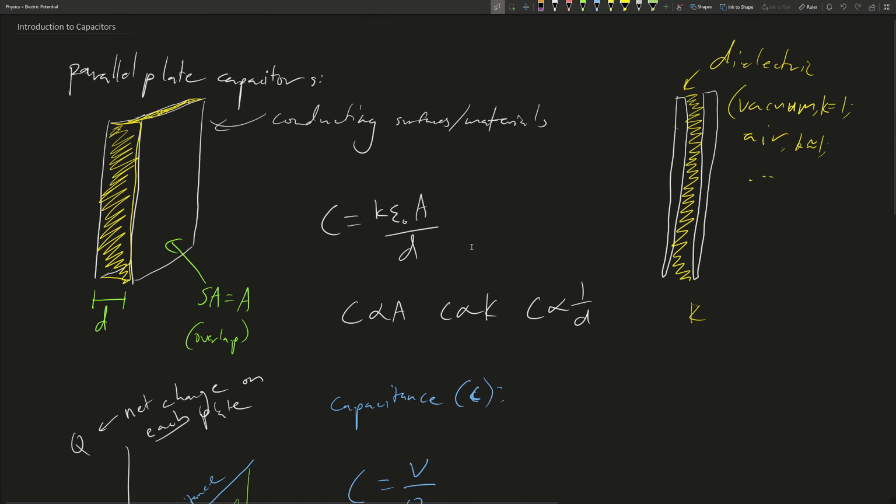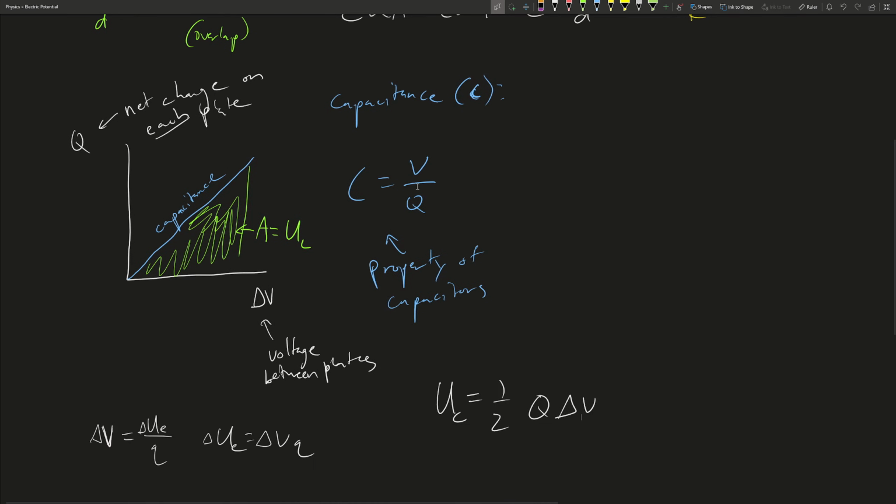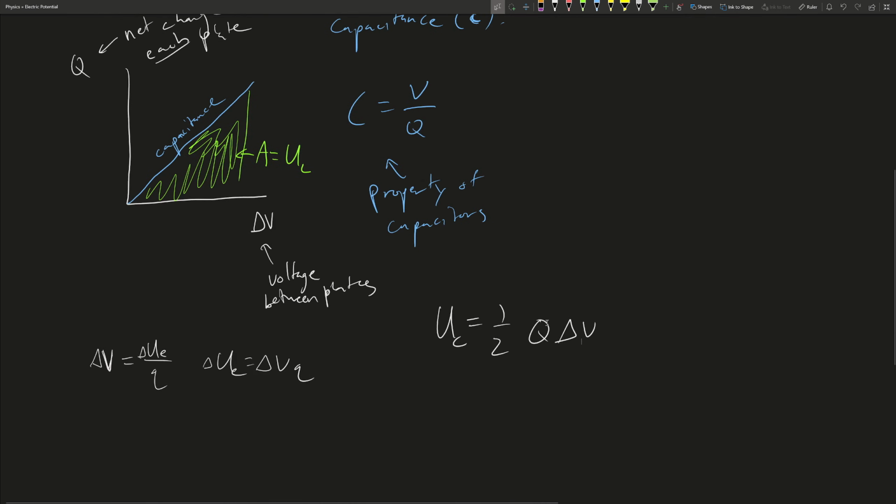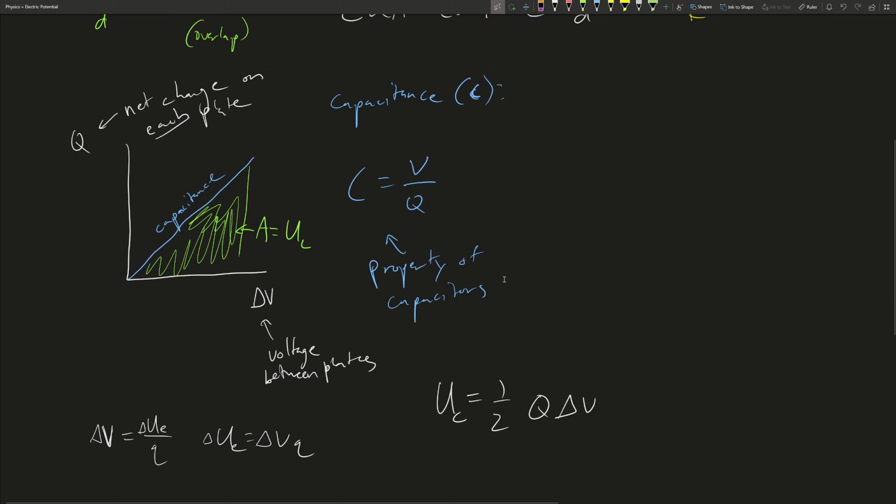But from this equation here, we can substitute in charge, and we get that UC is also equal to, so we have Q is equal to CV, or change in voltage here.